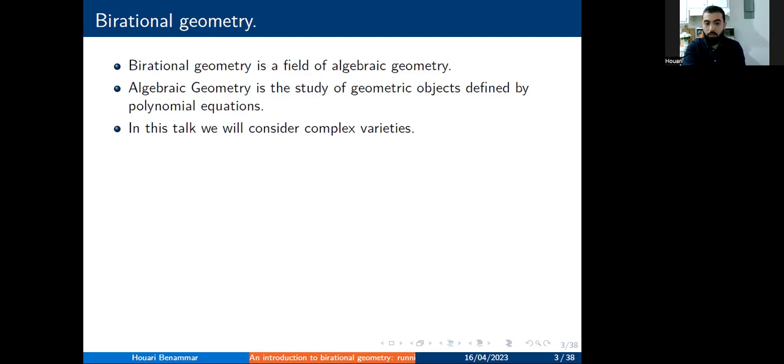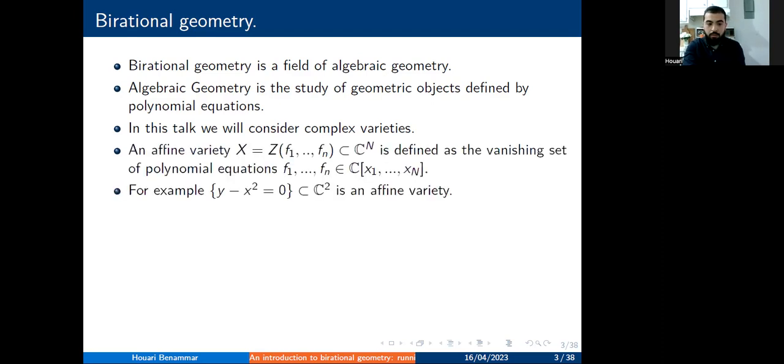Okay, so algebraic geometry is a study of geometric objects defined by polynomial equations. So in this talk, we will consider complex varieties. So we define affine varieties in Cn as the vanishing of polynomial equations. So we have a polynomial equation, and we take the set of zeros of this equation.